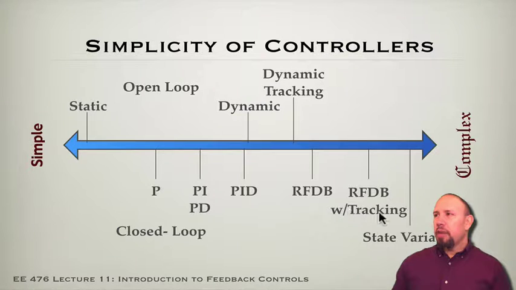So we'll also be looking at ripple-free deadbeat with tracking. The most complex, but also the most powerful, in some senses, are the state variable controls. And we're not going to talk about those. We reserve these topics for graduate classes. So these are our controllers.